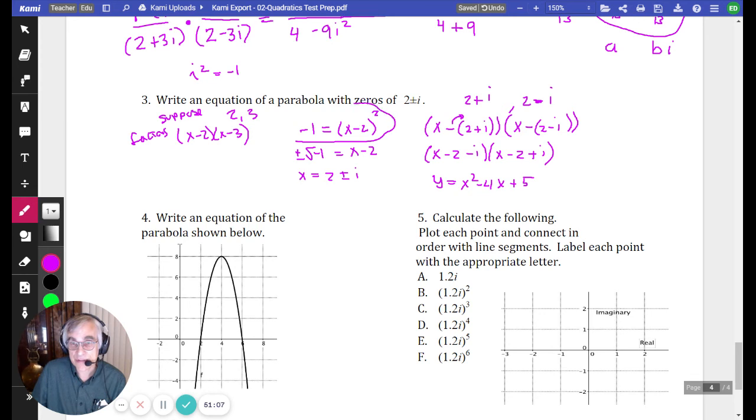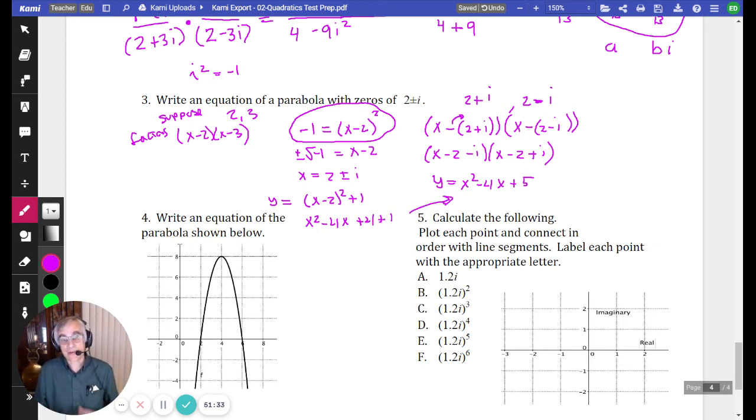Well, this expression would come from a vertex form quadratic that would look like this: y equals x minus 2 squared plus 1. And if you multiply x minus 2 times x minus 2 and add 1, you get x squared minus 4x plus 4 plus 1, which is the same thing as that.